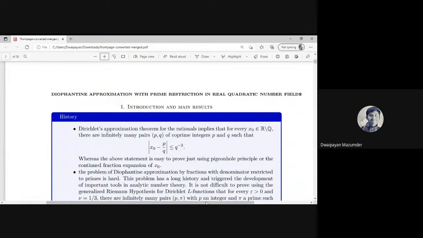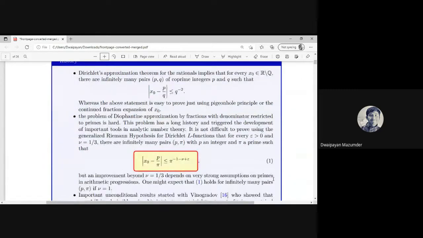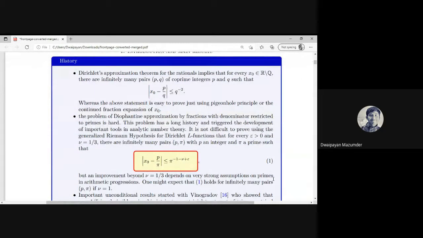Okay. So all of us know that rational numbers are dense in the set of real numbers, so we can approximate any real number by rational numbers. Dirichlet's approximation theorem gives a sort of quantitative study of how well you can approximate a number.